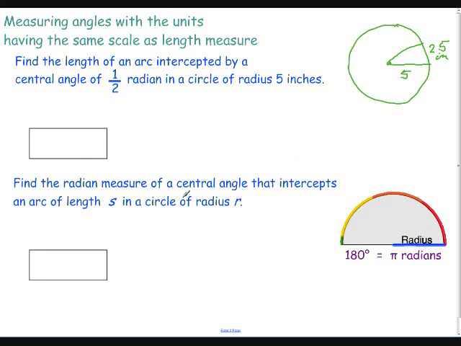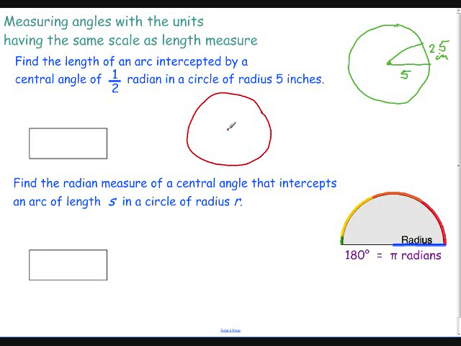Find the radian measure of a central angle that intercepts an arc of length S in a circle of radius R. Oh, no numbers? Okay, let's see if we can use the same thinking and figure this one out. I'm going to draw my circle up here.